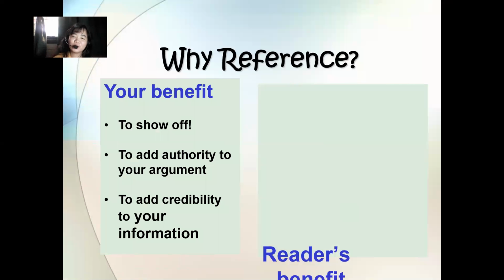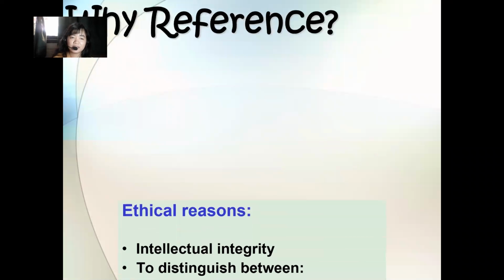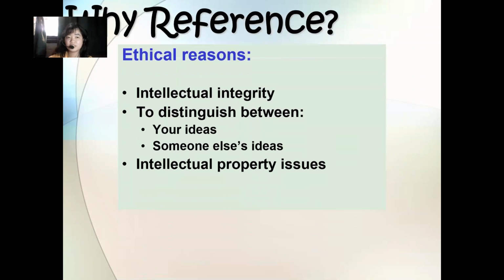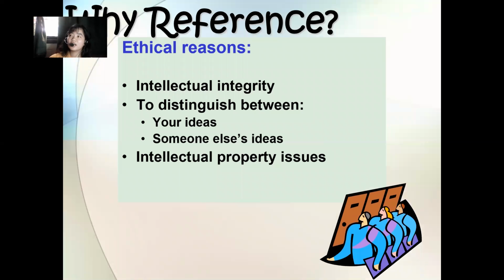So not only will you benefit, but your reader will also benefit when you do referencing. At the same time, we need to reference for ethical reasons. We must adhere to ethics when we conduct a research paper. We can't just copy because it's tiring.